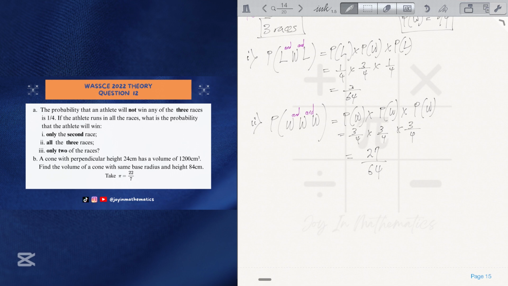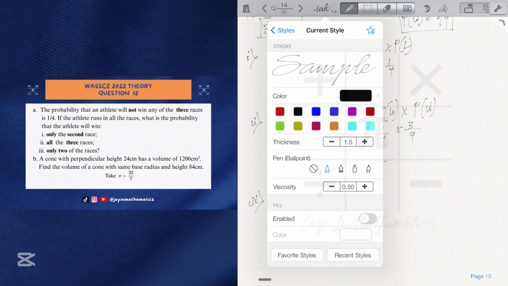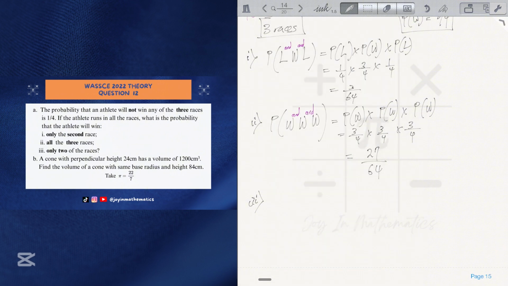Now we are gaining time. Moving on, the questioner says, what is the probability that the athlete will win only 2 of the races? Now the first question says the probability that he will win only the second race.